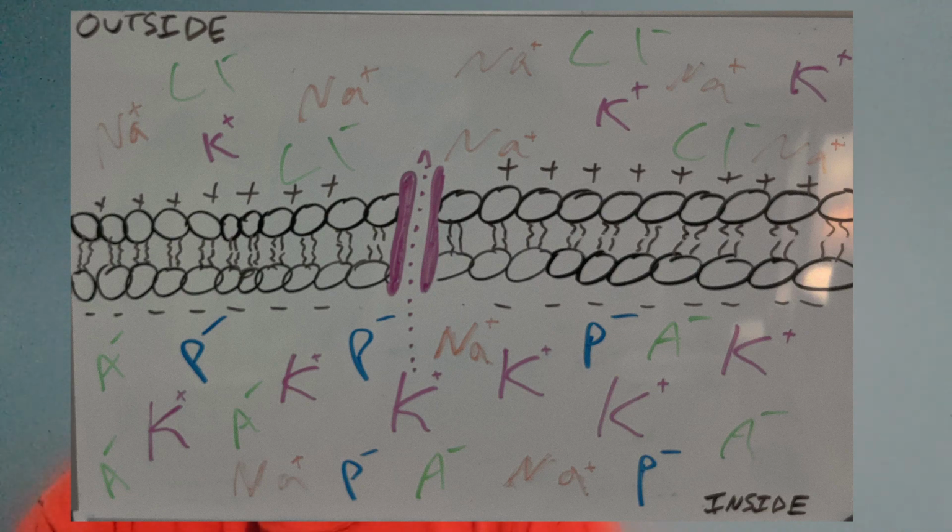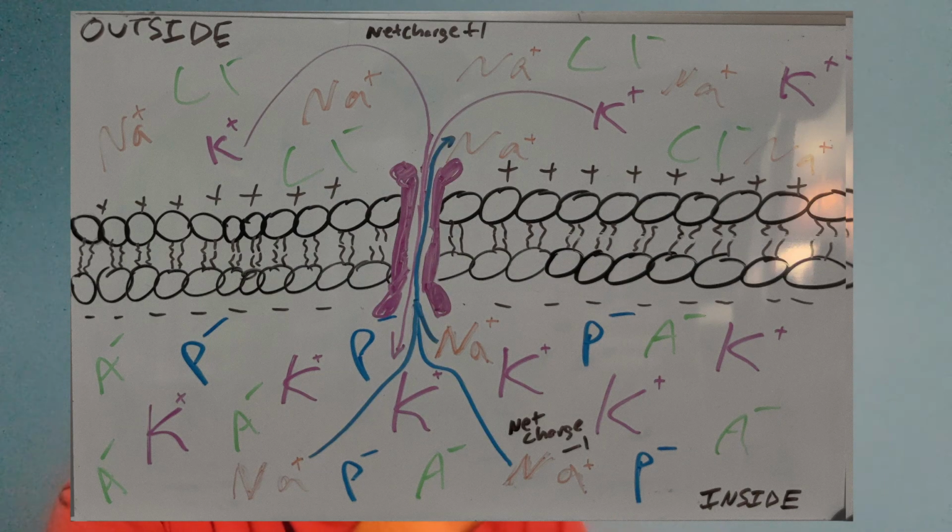For every time that sodium potassium pump brings two potassiums in, you're also bringing 3 sodiums out. So what are you doing? You're making that cell less negative by taking more positive ions out of that cell.